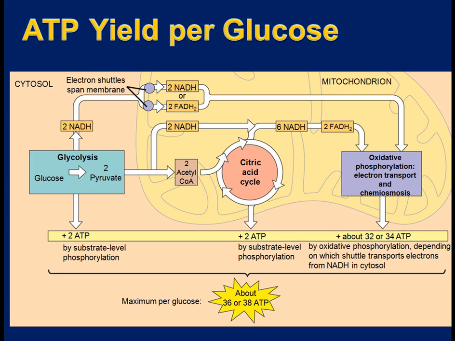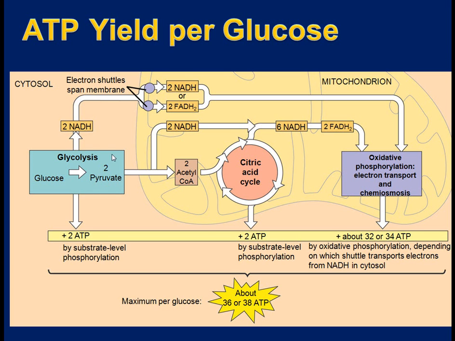So here, to see it in a more schematic or diagrammatic view, we can see glycolysis breaks glucose down to 2 pyruvates and produces a net gain, remember, of 2 ATPs through substrate level phosphorylation, and reduces 2 NADHs.